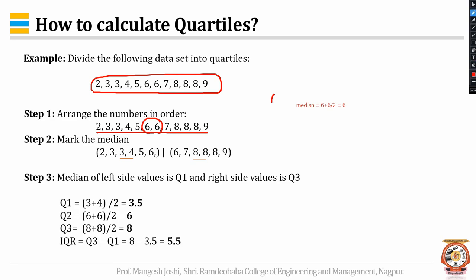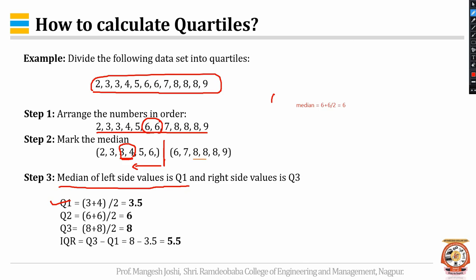Step 3: the median of the left side values is quartile 1. This is your separator. The median of this left data set is the average of 3 and 4. That is your Q1, quartile 1.